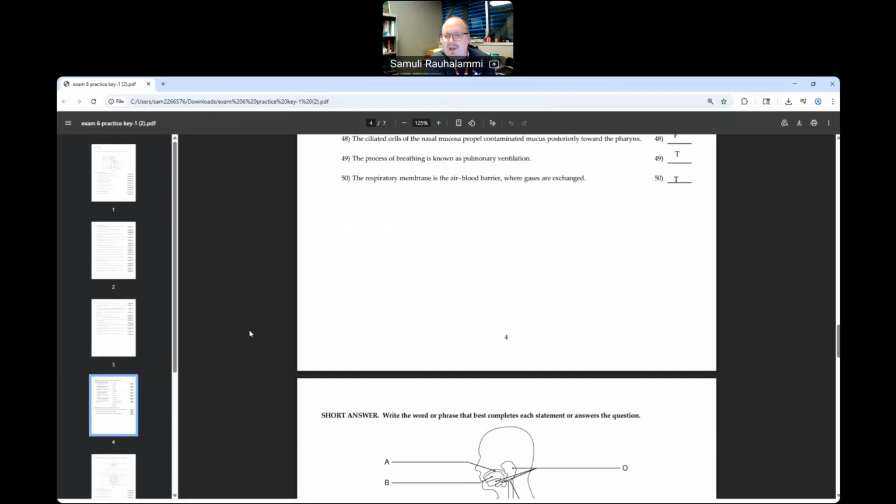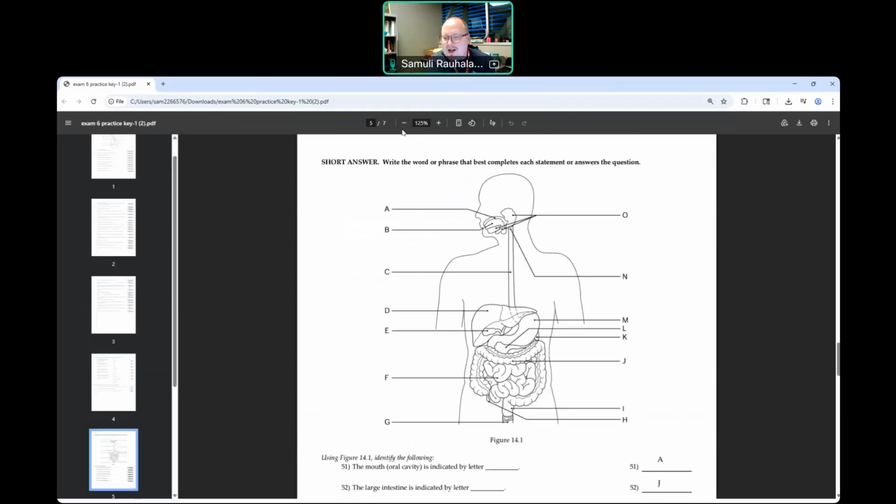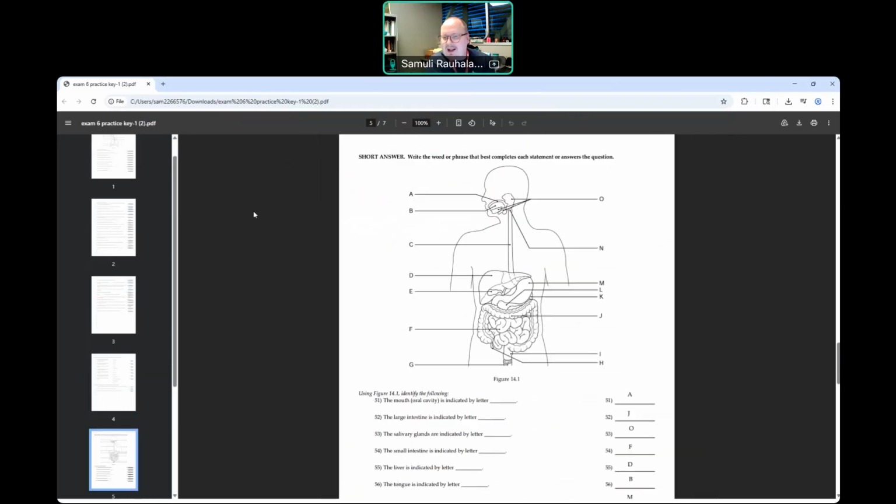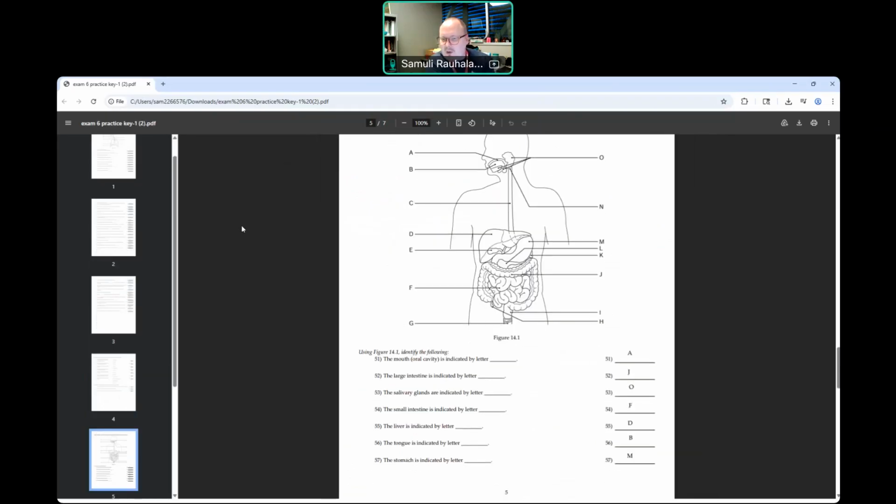On this next page, we get to see the digestive system illustrated by this diagram. Let's study it. First, on question 51, we find the oral cavity, which is indicated by letter A in this drawing. Then for question 56, we see the tongue indicated by letter B. And we noticed how large it really was.